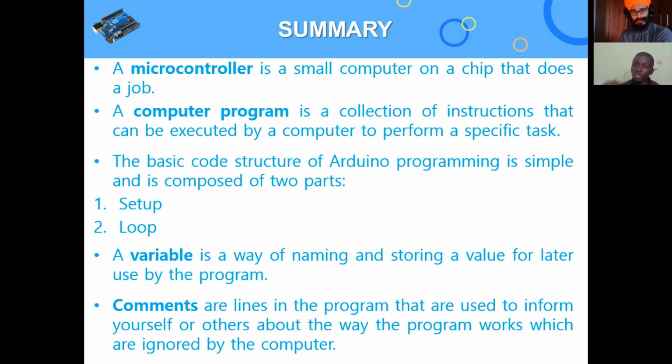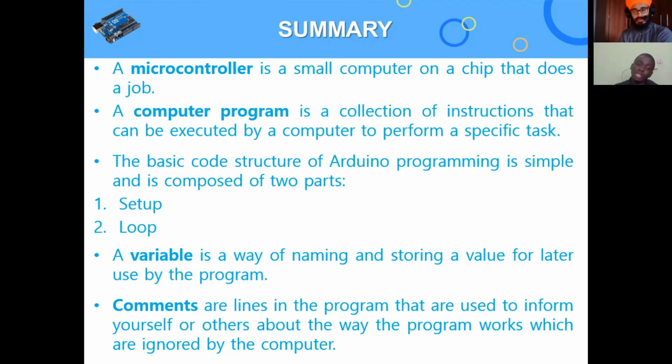But since you want it to repeatedly get the value of the sensor, you have to put it inside loop. So that's the loop function. Any line of code that you put inside the loop is going to read in your value repeatedly.